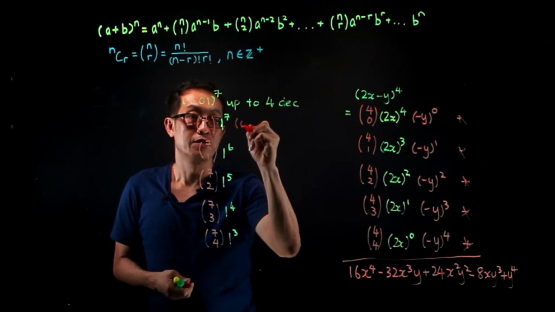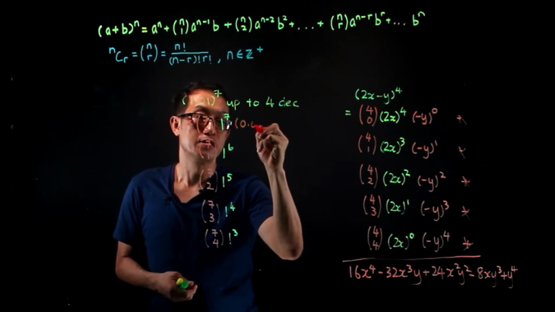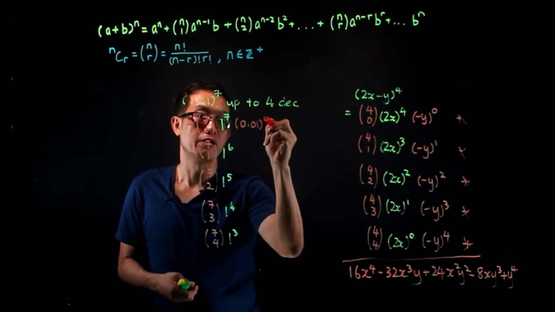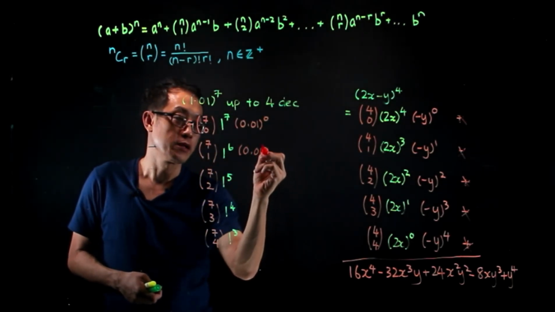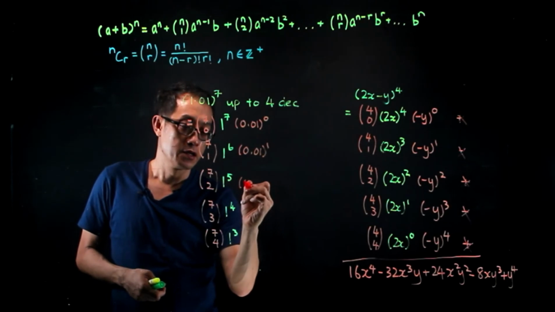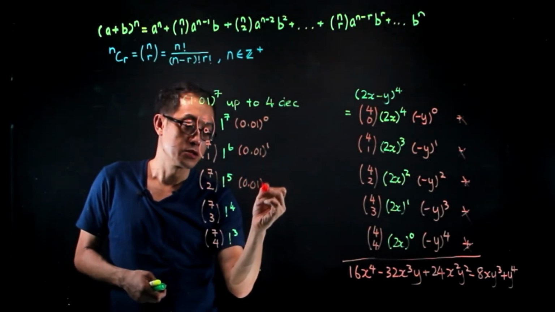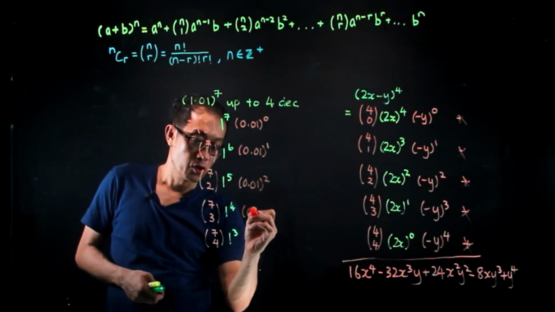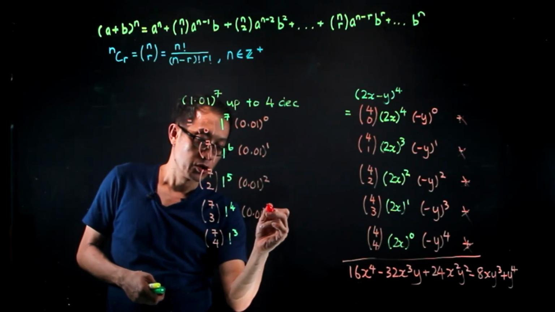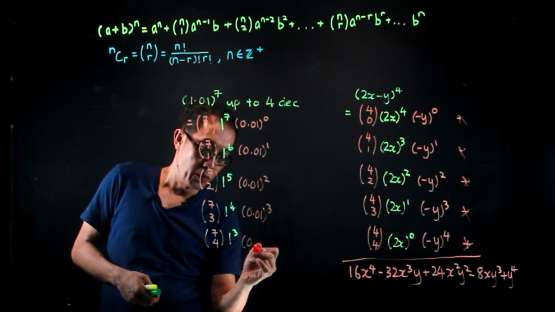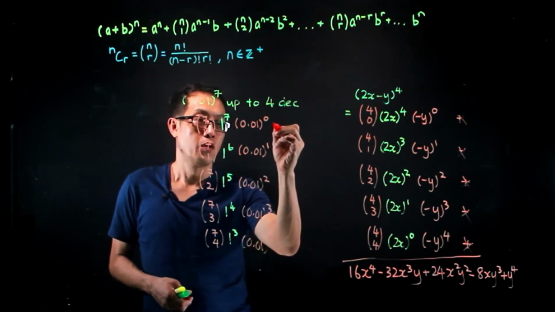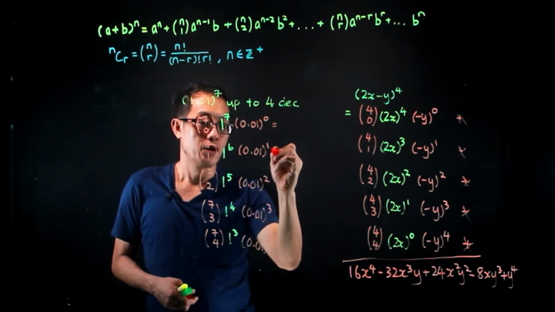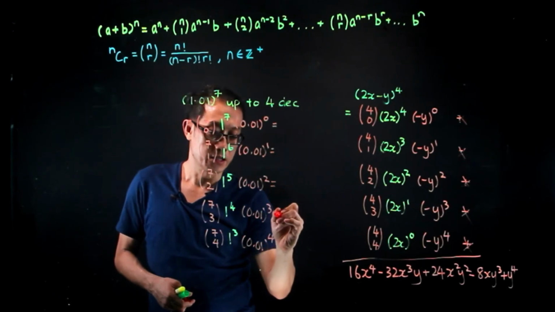So you have 0.01 to the power of 0, 0.01 to the power of 1, 0.01 squared, 0.01 cubed, 0.01 to the power of 4. Now what is all this term?